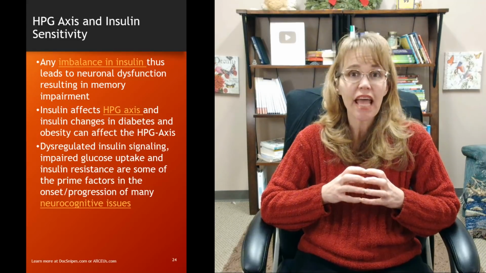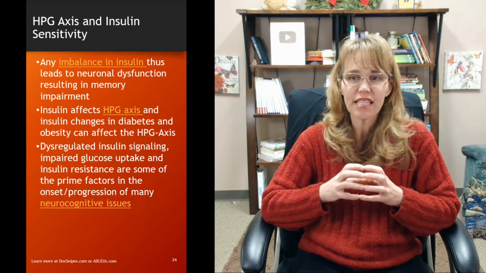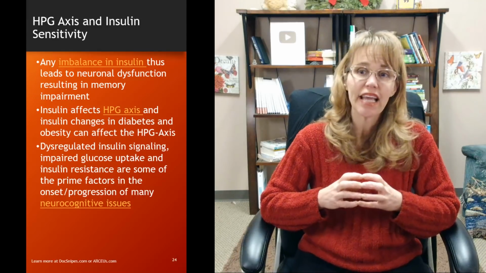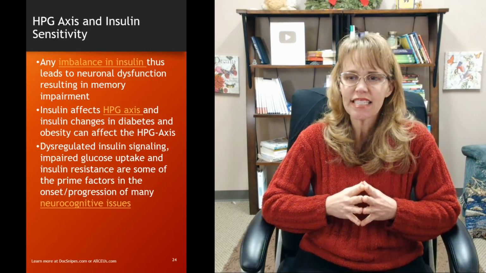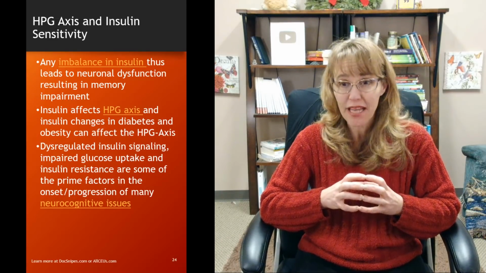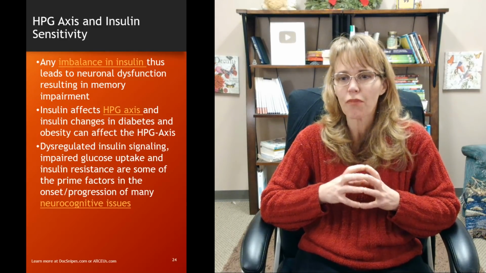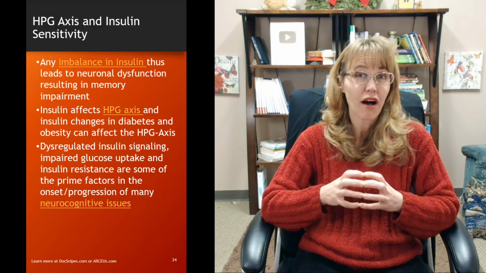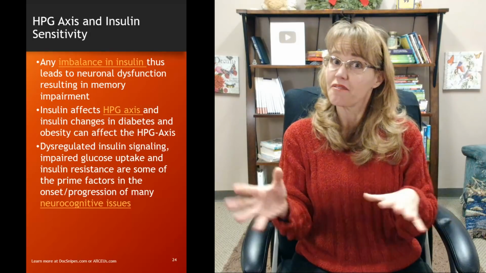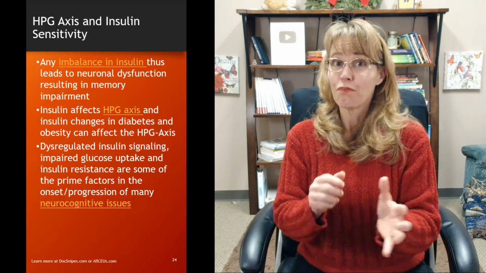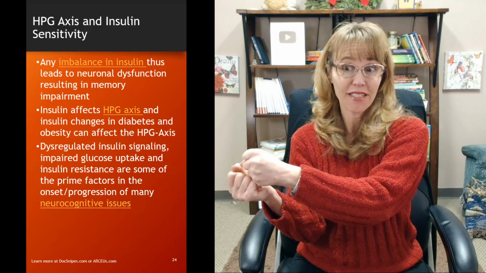Insulin also affects the HPG axis, and insulin changes in diabetes and obesity can impact the HPG axis. Dysregulated insulin signaling, impaired glucose uptake, and insulin resistance are some of the prime factors in the onset or progression of many neurocognitive issues. Oh, okay. So we talked earlier about the fact that there's a correlation between gonadal hormone imbalances and the onset of neurocognitive issues.